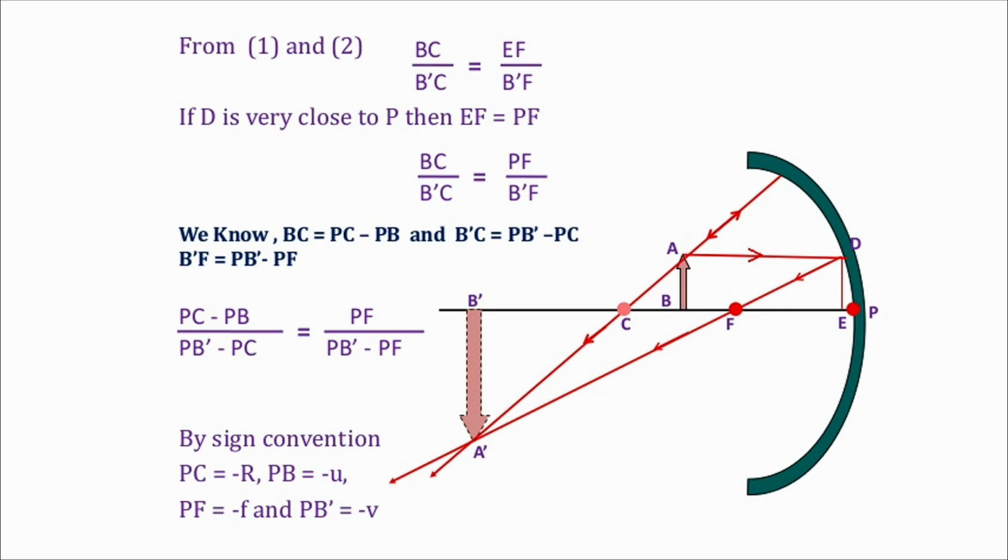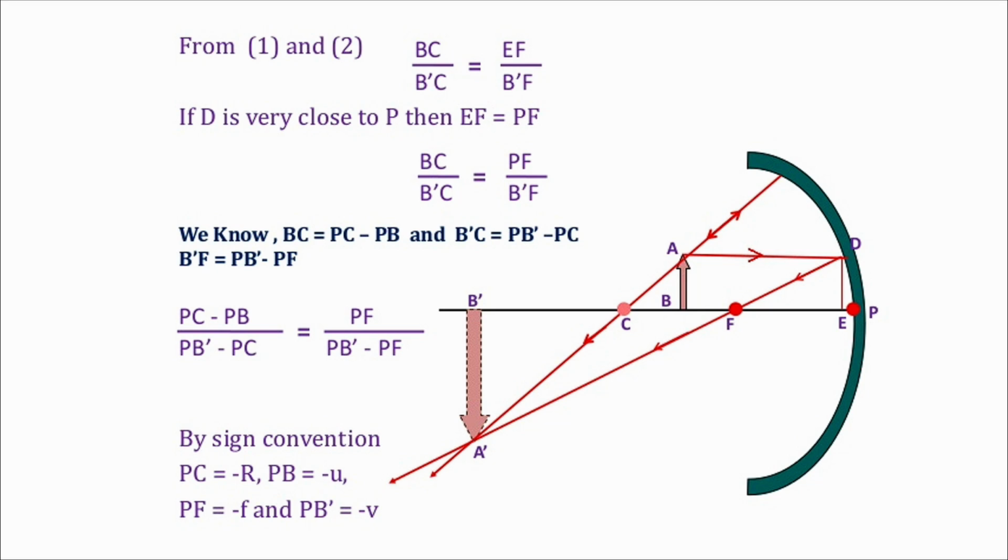BC is equal to PC minus PB. Similarly, B dash C is PB dash minus PC. Similarly, B dash F is equal to PB dash minus PF.